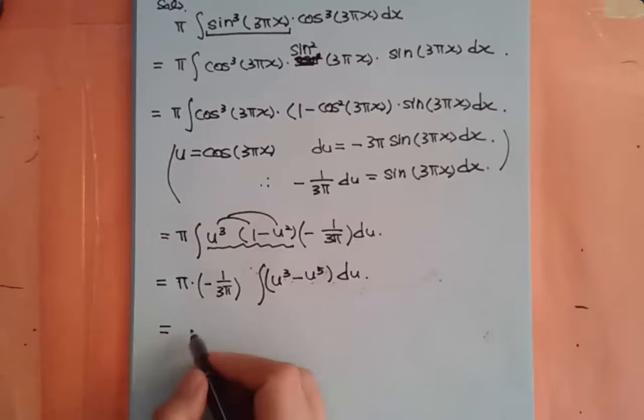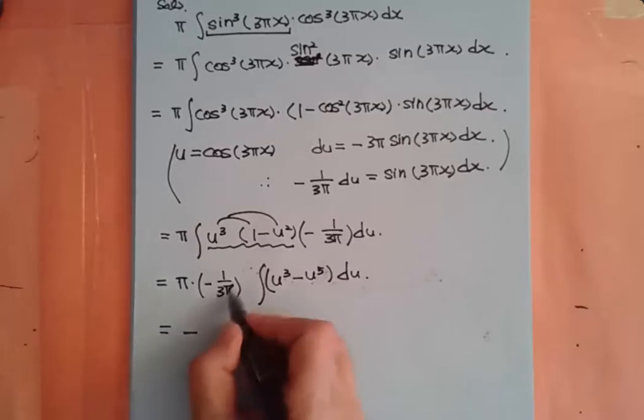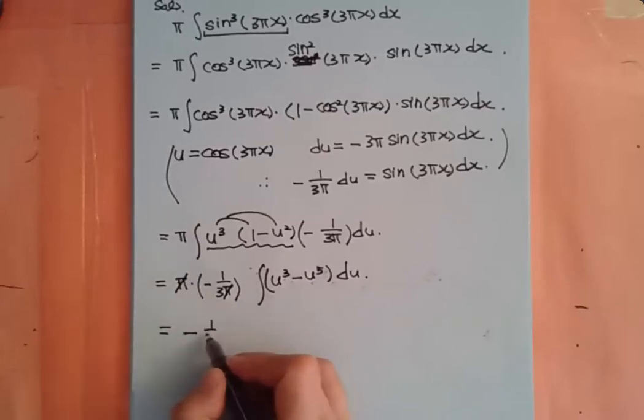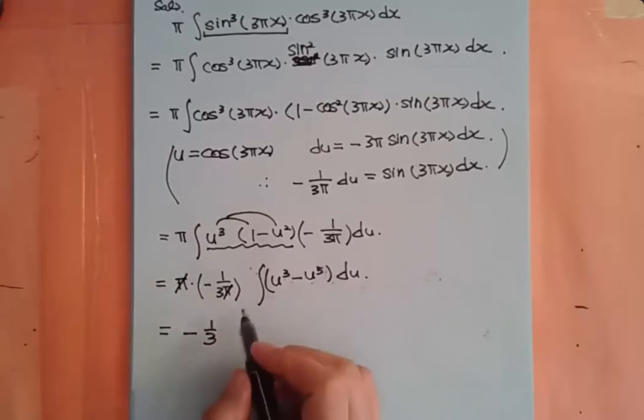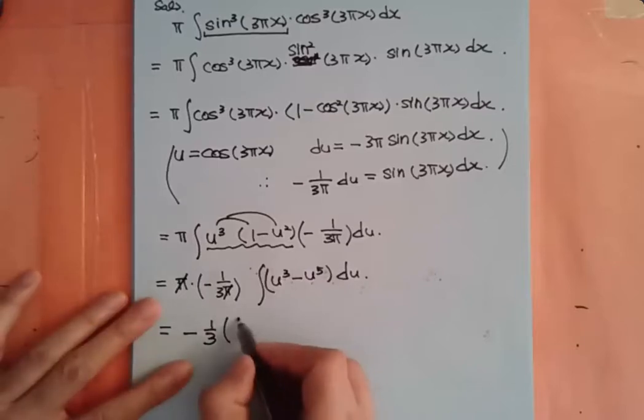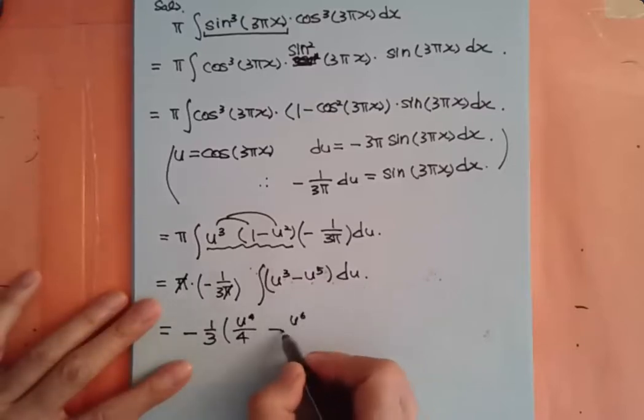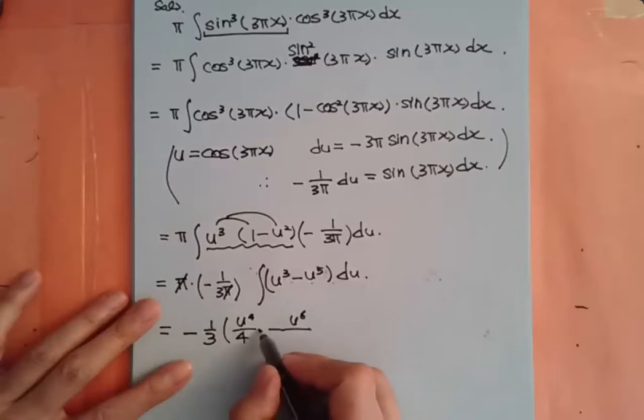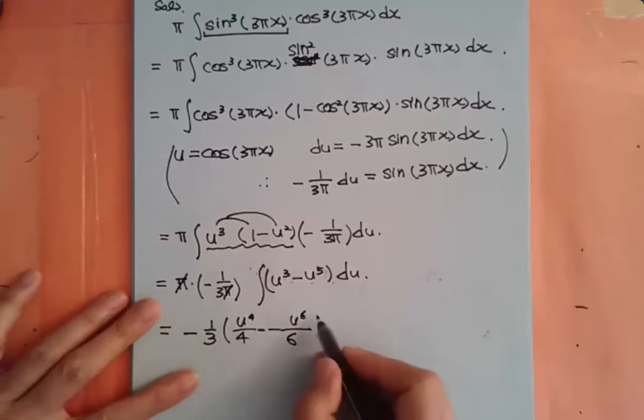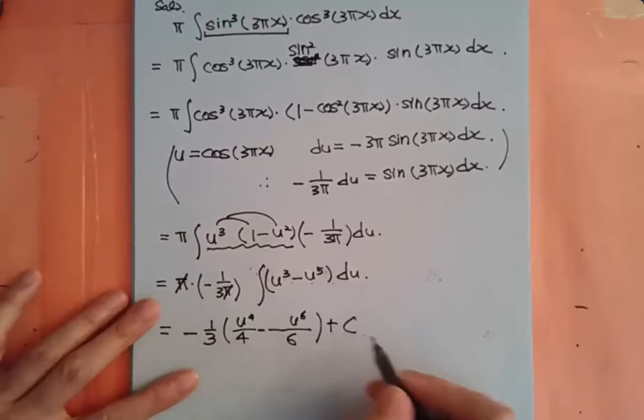So that equals minus, these two will cancel each other, 1/3 times u to the 4th power over 4 minus u to the 6th power over 6 plus c.